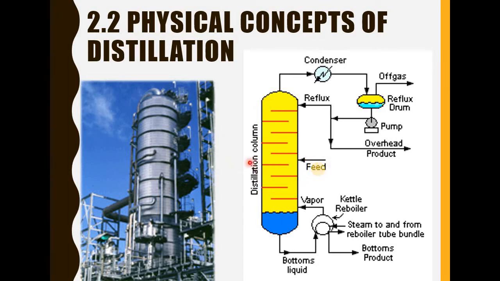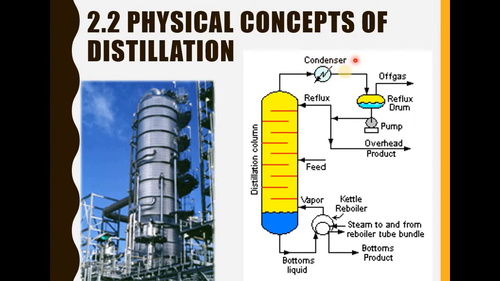When we have feed here, it will heat up to a certain temperature, and the component which has the lowest boiling point will vaporize first. It will leave the tower or column at the top.